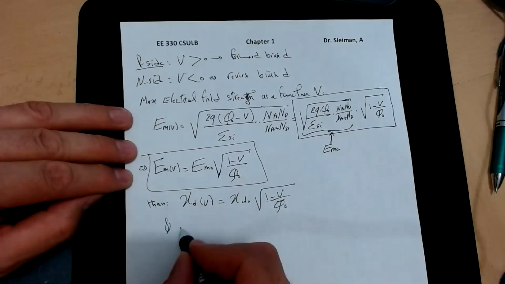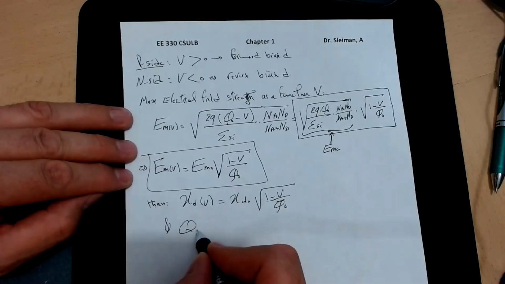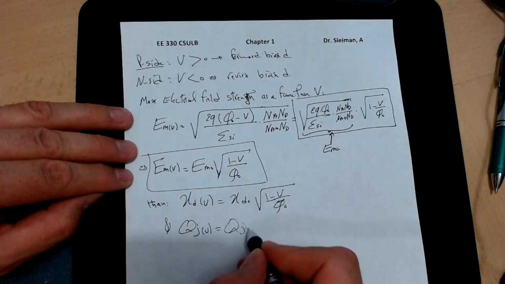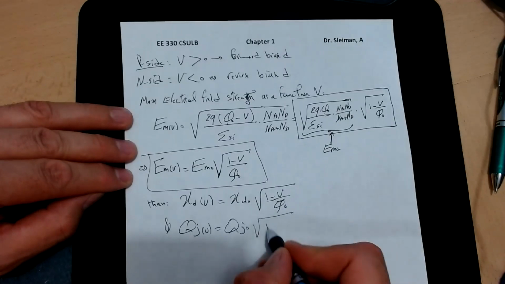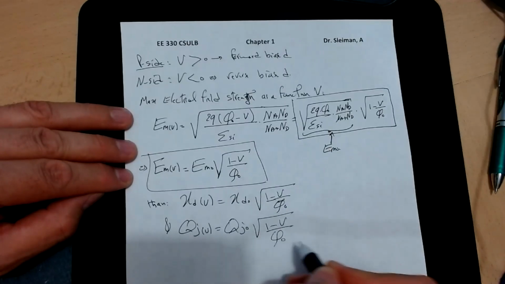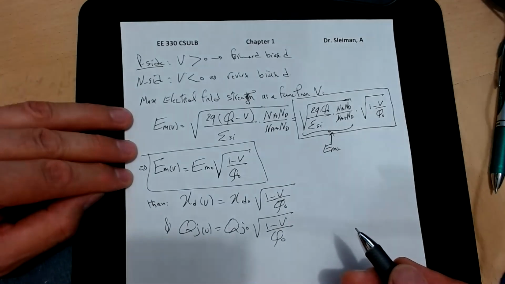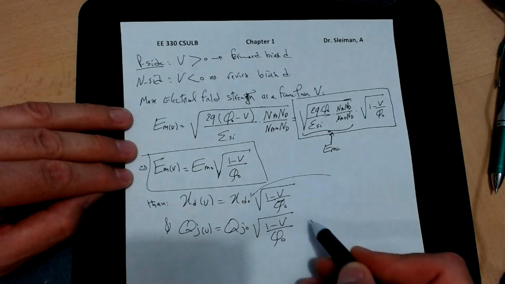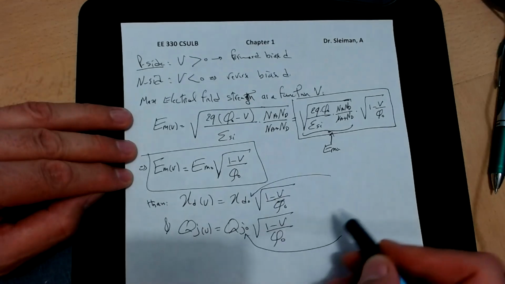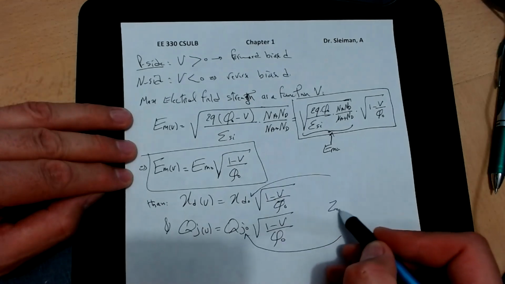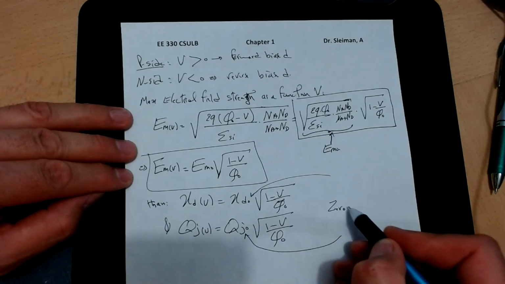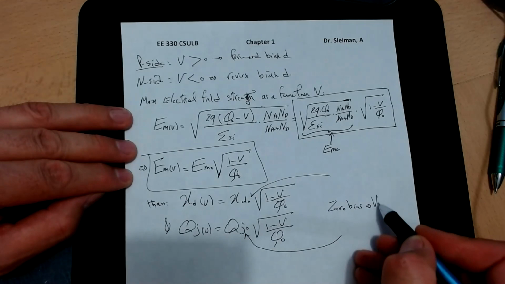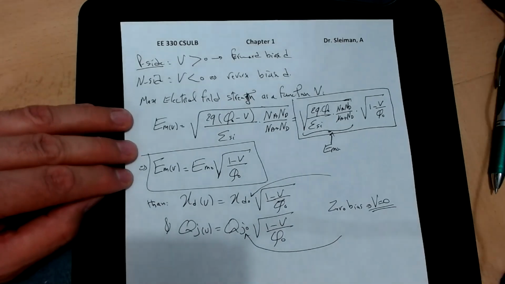Also, it follows QJV is equal to QJ0 times the square root of 1 minus V divided by phi 0. So XD0 and QJ0, those are the zero bias components, which is when the voltage is equal to 0.